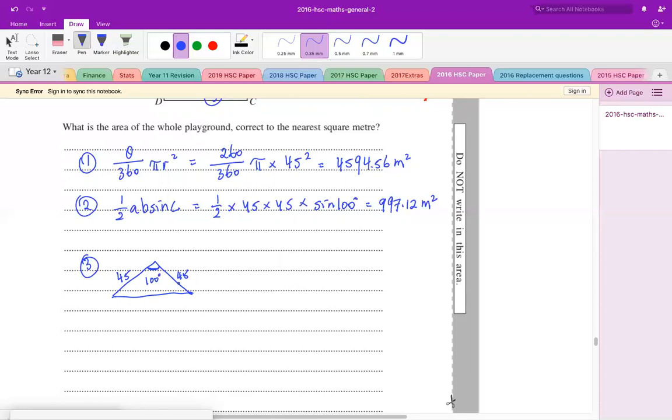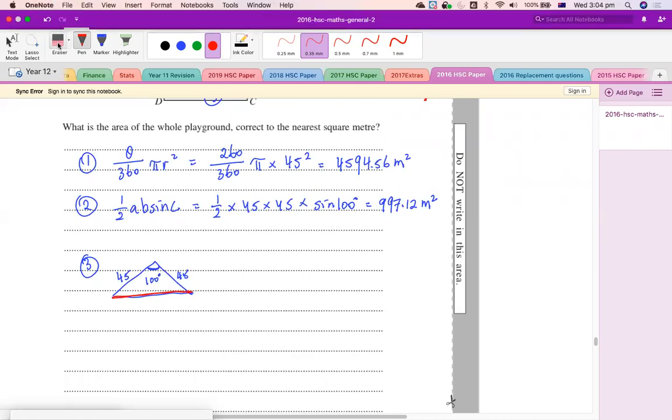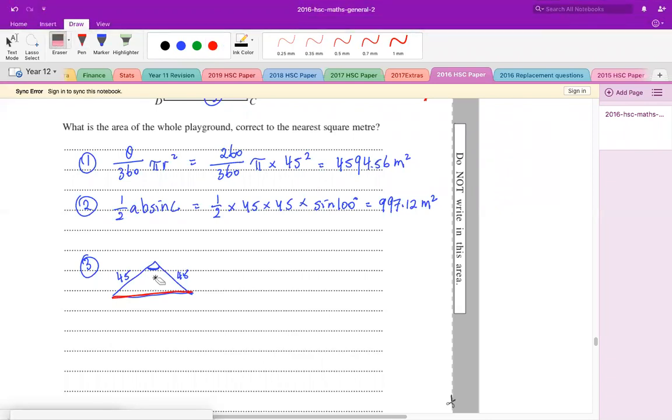Jana? Yeah, miss. Do you think it's appropriate to use Pythagoras to find the base? For this triangle? Yeah. So you think I just do 45 squared plus 45 squared in the square root?